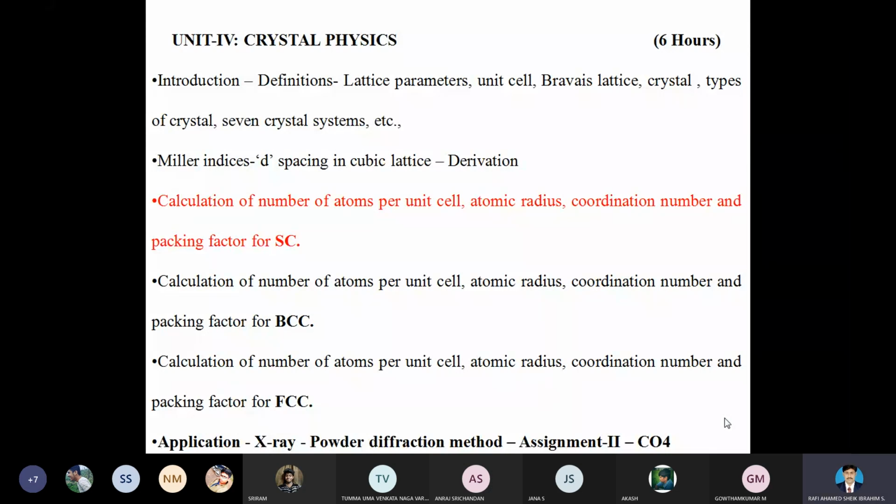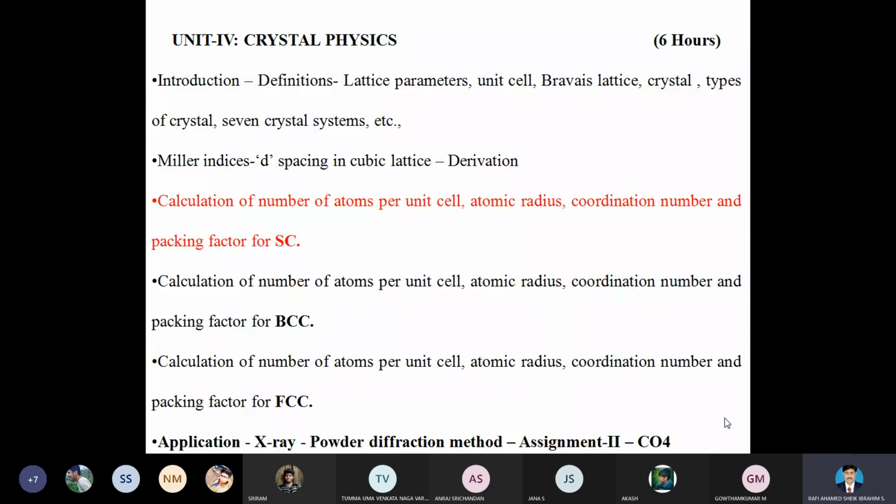Then we are going to see different types of crystal structures. As per our assigned syllabus, we have 3 different types of crystal structures. First one is simple cubic, in short form written here as SC. Second, the body-centered cubic crystal, that is BCC, and the face-centered cubic crystal, FCC.